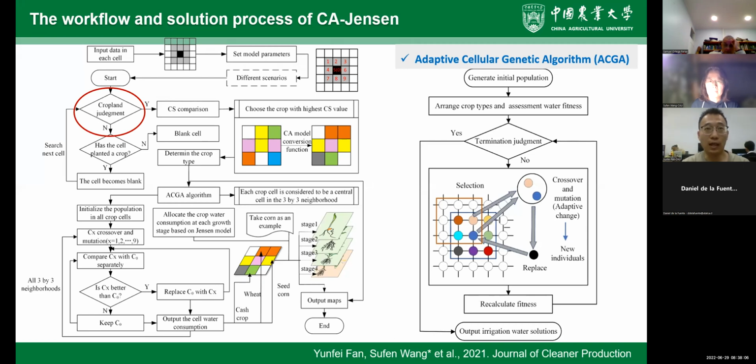The constraints are enforced for each search. The iterative search of the model is random, avoiding subjectivity. The crop water distribution in each growth stage is determined by the water sensitive index in the Jensen model.